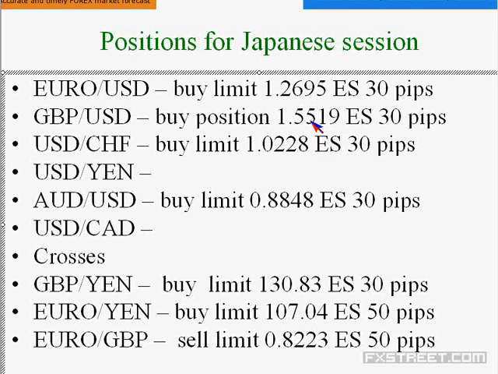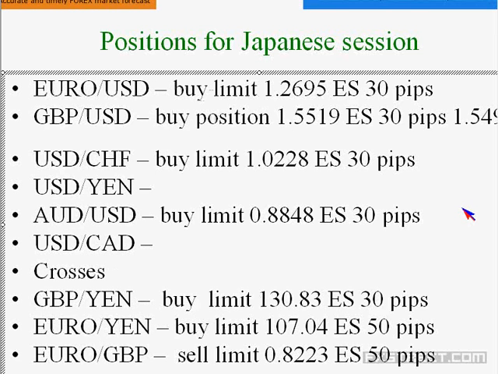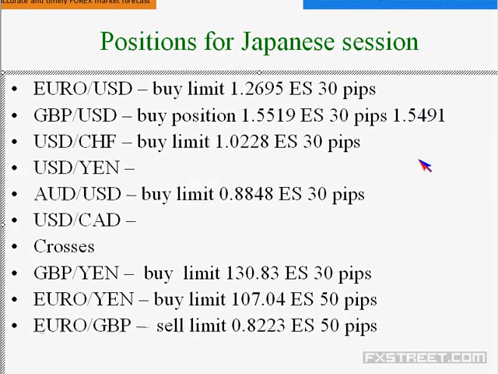And my hedging order in the case of GBP is 1.5409. Sorry, 54. So this is how we can estimate where exactly it is, so that you can watch the current market level, whether it is filled or not. You can identify it.